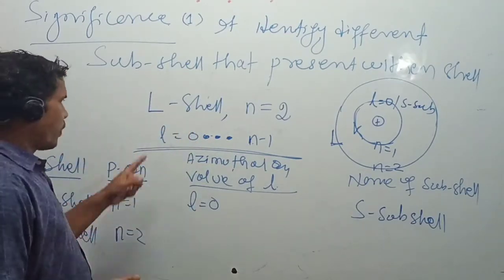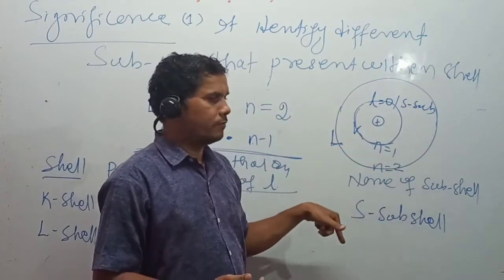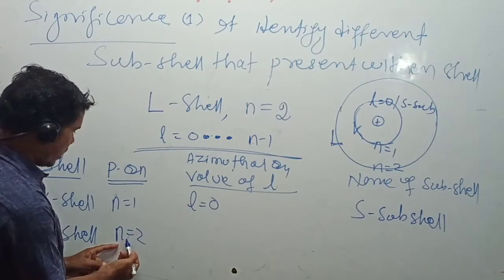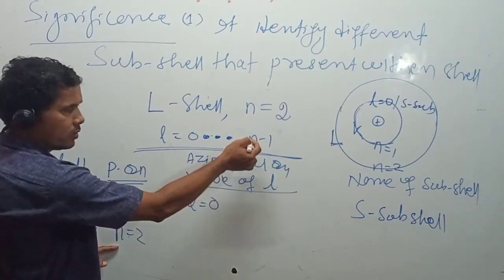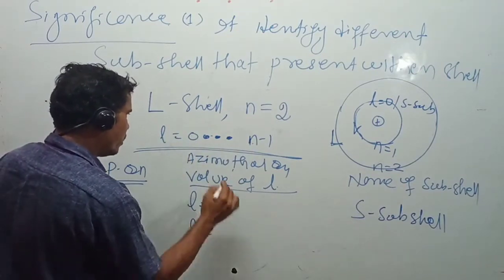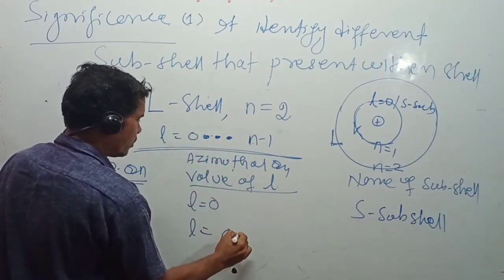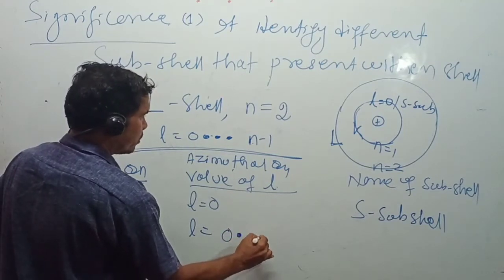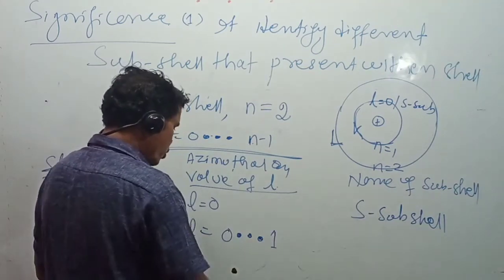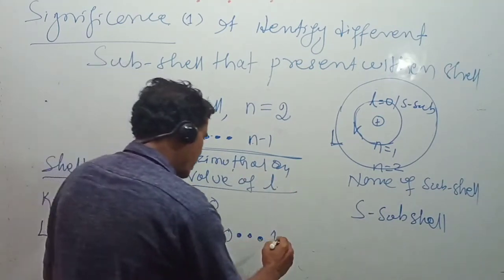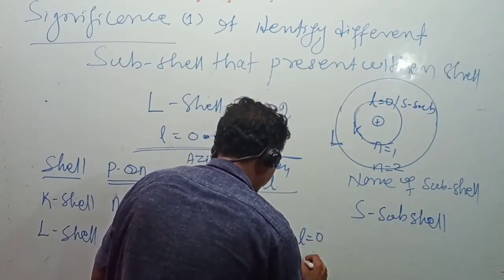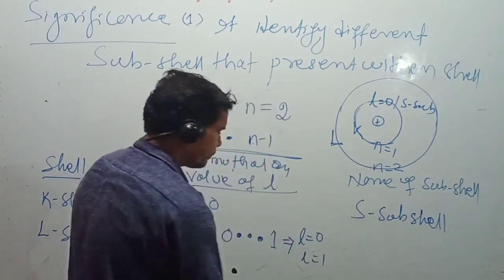So our task is to find out how many subshells this L shell has. Putting the value of n, the principal quantum number, as 2 here, l equal to 0 dot dot dot, 2 minus 1 means 1. So 0 to 1, that means l equal to 0, l equal to 1.